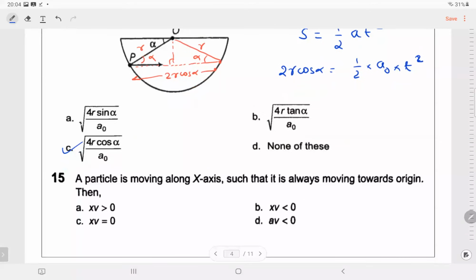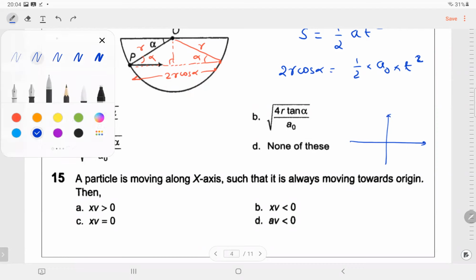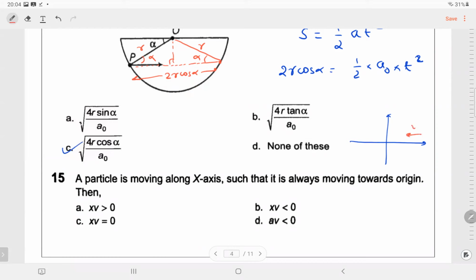Okay. Now, question number 15. These are little conceptual questions. If a particle is always moving along the x-axis such that it is always moving towards the origin. If it is on the right side, it will come towards the origin, and if on the left side, it also moves towards the origin.